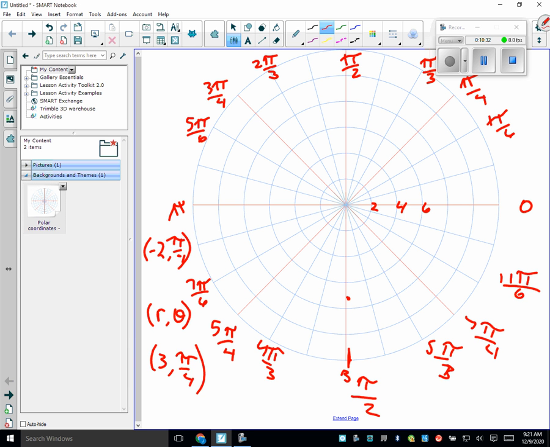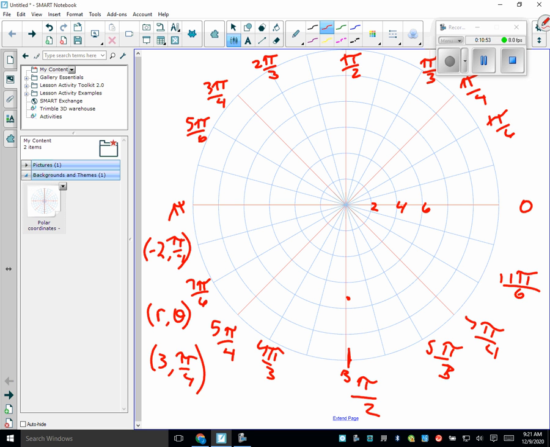See how it works? Now, when you graph points, you're going to be given, like, problem 5, which has an A, B, C, D. You're going to graph problem 5 on one graph, and you're going to mark each point A, B, C, or D. Does that make sense?